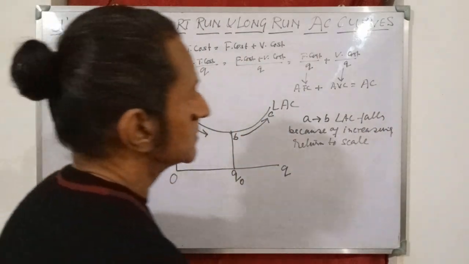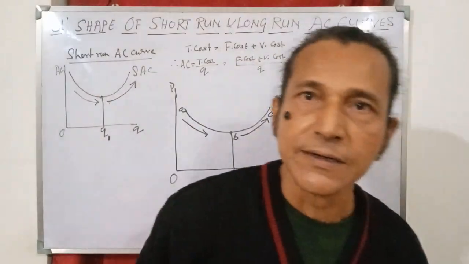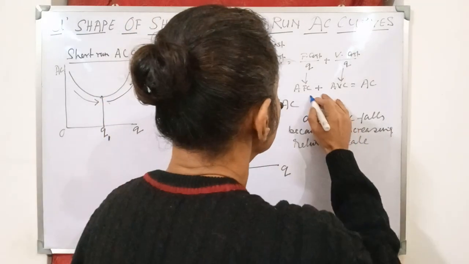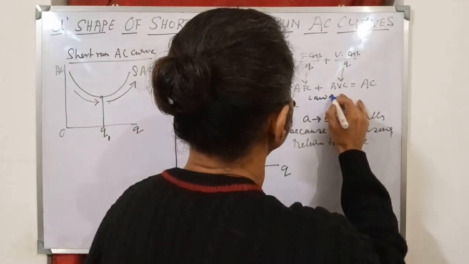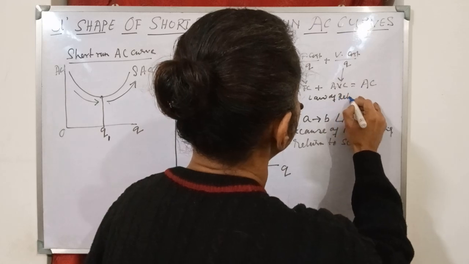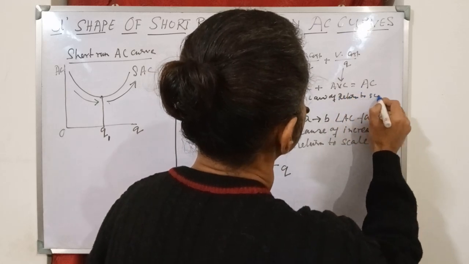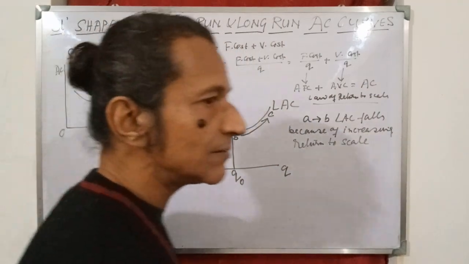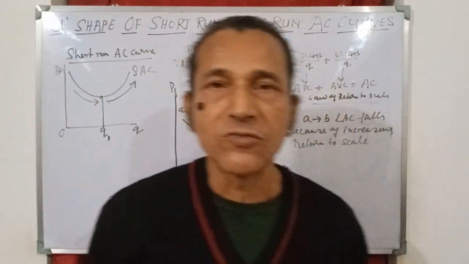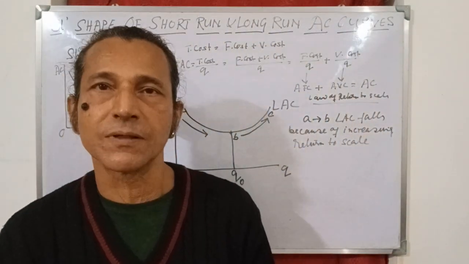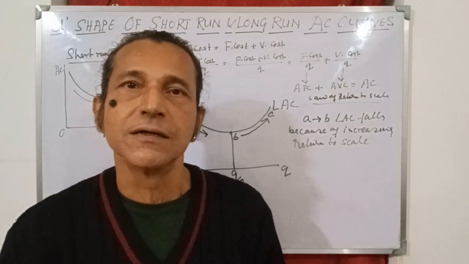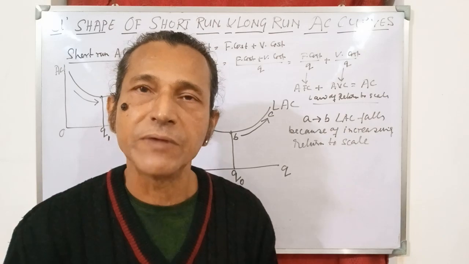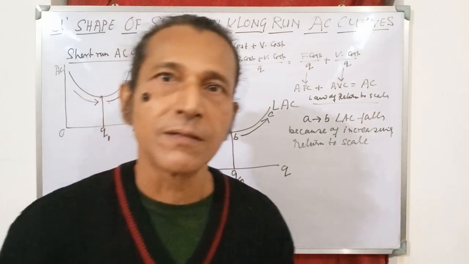Here the law of return to scale applies. This is under law of return to scale, which says that when all the input factors are increased, then the long run average cost curve first falls, reaches its minimum, then it goes up.